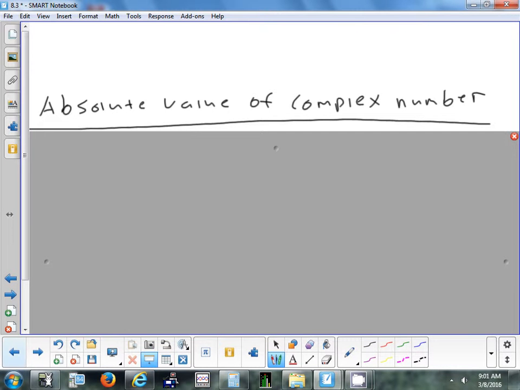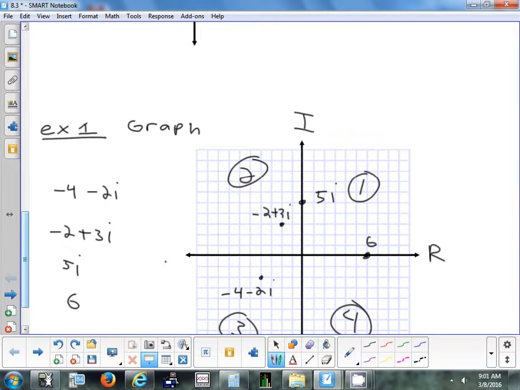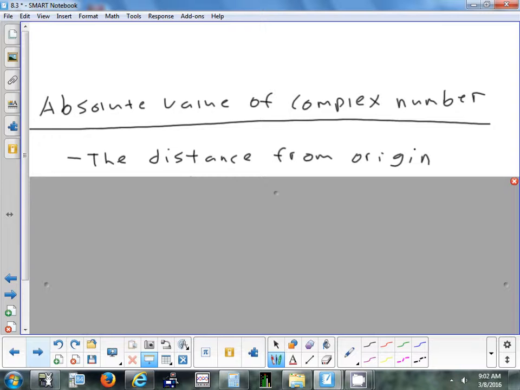Well, we're now going to find the absolute value of a complex number. But in the complex plane, we don't really call it 0 because it's two-dimensional. What do we call the point that would correspond to 0? It has a name. Origin. The origin. So usually when you have a two-dimensional coordinate system, the point is 0, 0, you call it the origin. And to find the absolute value of a complex number, that's all you have to do, find the distance from the origin.